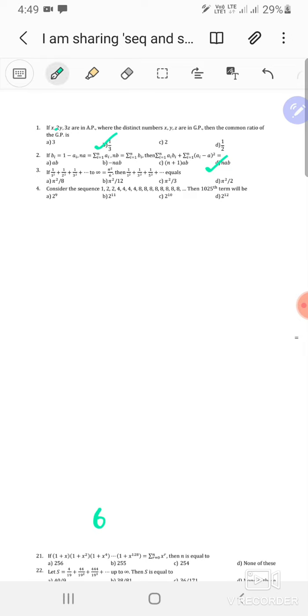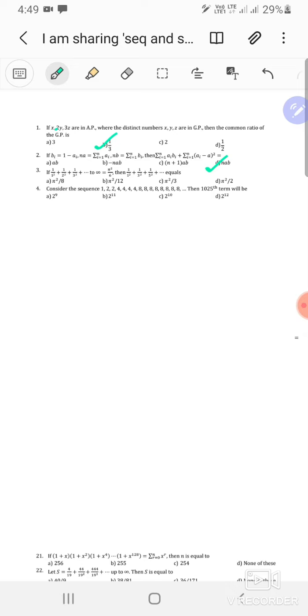So the next question is, consider the sequence. Let's do the sequence 1 2 2 4 4 4 4. So 1 times 1, then 2 of these 2's, then 4 of 4's, and 8 8's, and so on. Then the 1025th term will be, okay, fine.